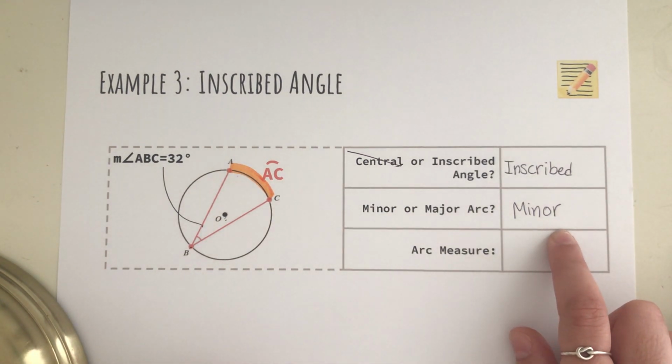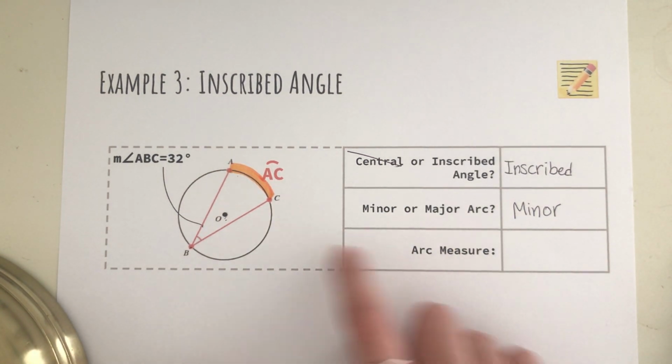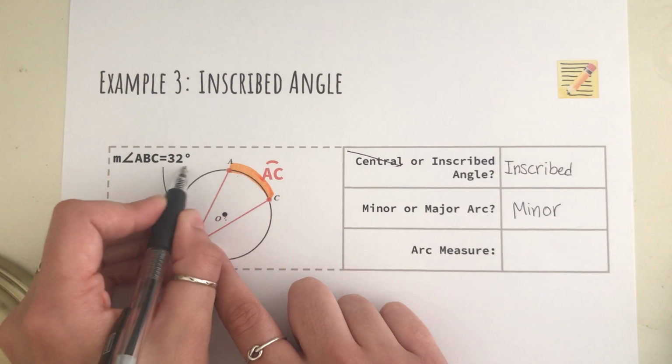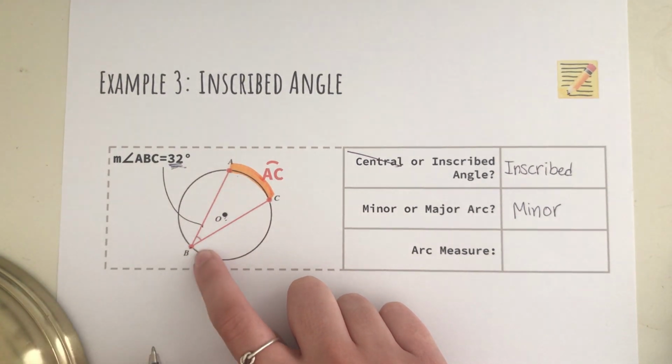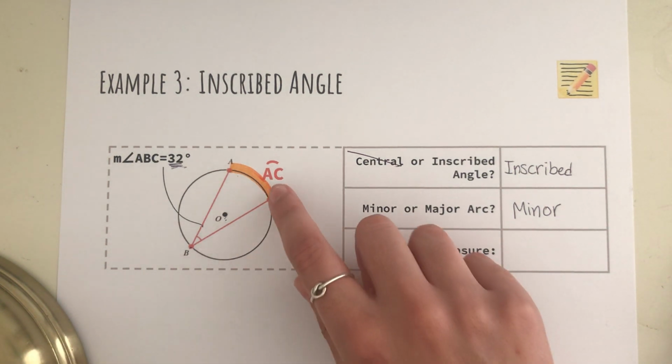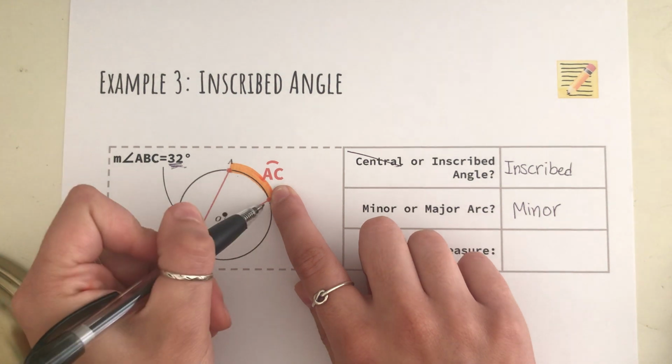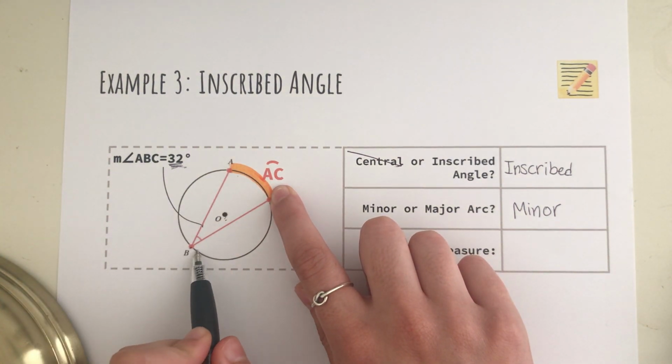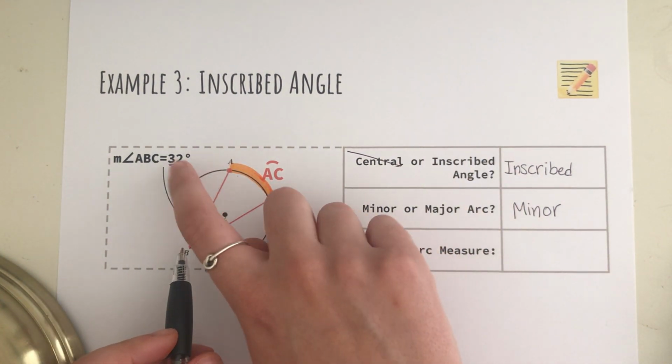Okay. And now I need to find the arc measure. So I know this angle is 32 degrees, but what do I know about inscribed angles? The arc created by an inscribed angle is double the angle itself.